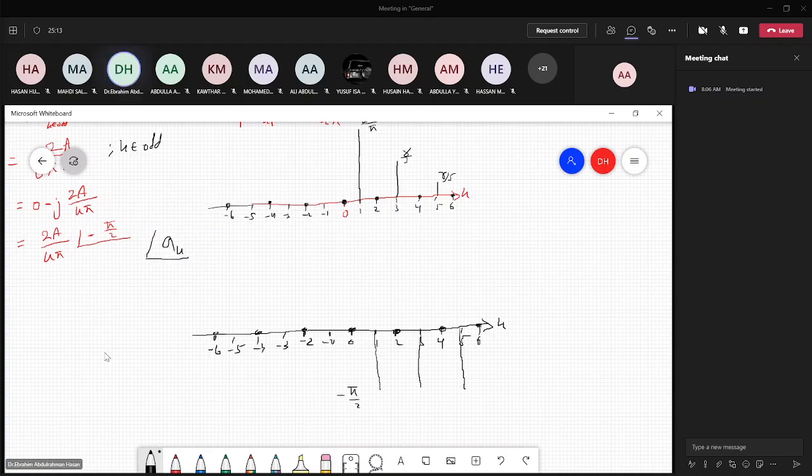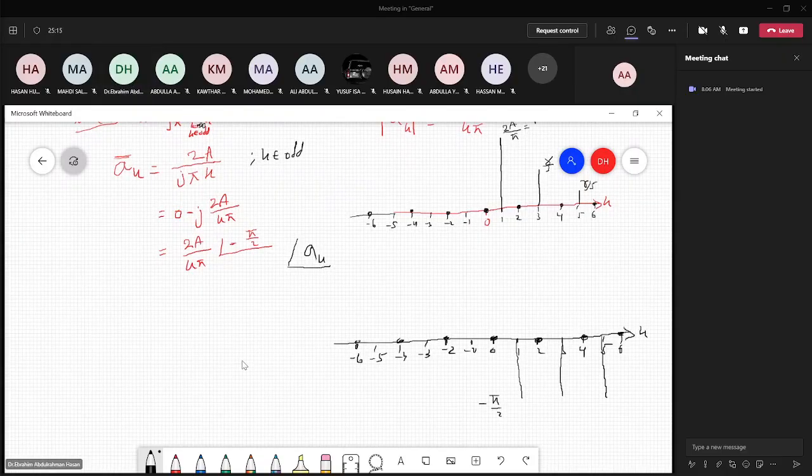Okay, when k is negative, then a k will be equal to 2a divided by j k pi, but we have a negative. If you take this one up, it becomes minus j minus minus, it becomes plus j 2a over k pi.